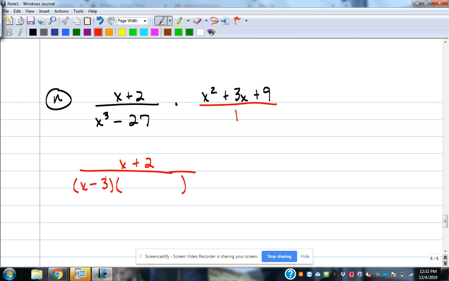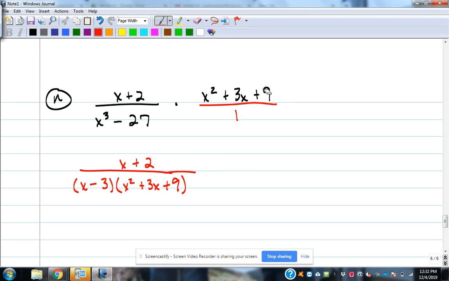It'll be x minus 3. It's a difference of cubes, so it's a minus. And then the long factor. Nine. Good job.